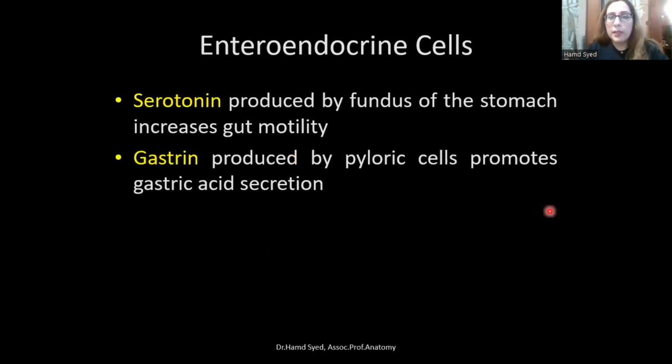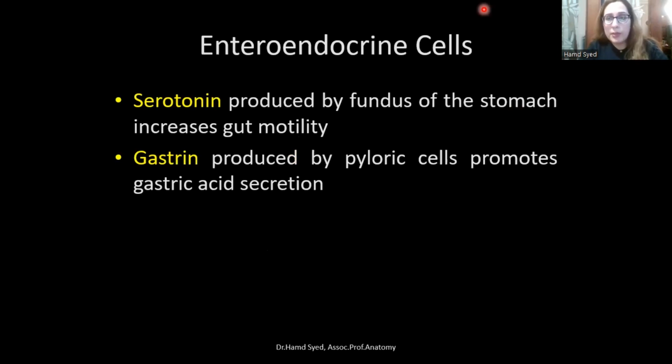There are many enteroendocrine cells in our human body in locations other than the gastrointestinal tract as well. In the gastrointestinal tract itself, there are many different examples of cells producing different hormones.